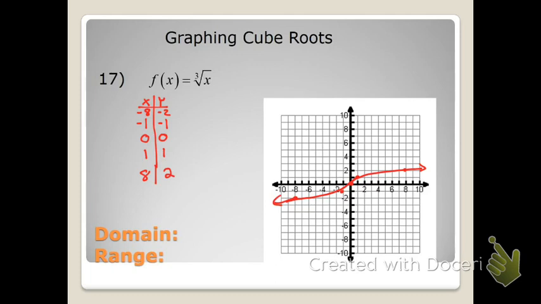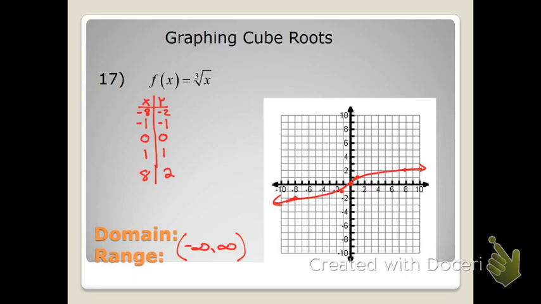And the nice thing about cube roots, the domain and the range are both always negative infinity to positive infinity. So I'm just going to write it once big to be sufficient for both of them. Did you put from 8 to negative 8?